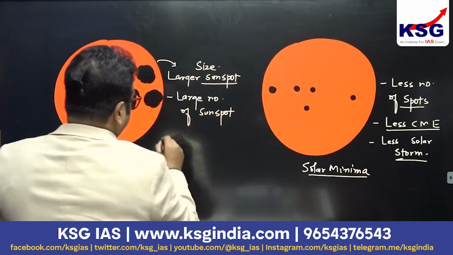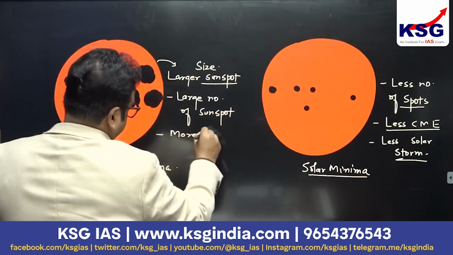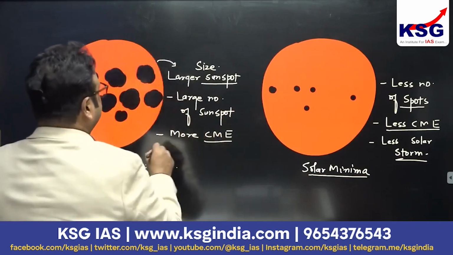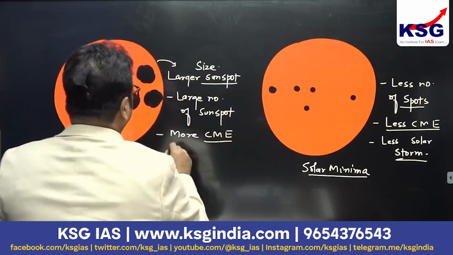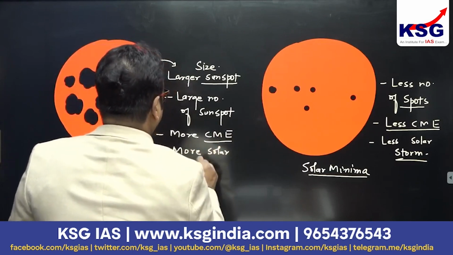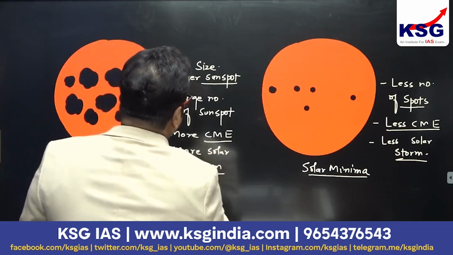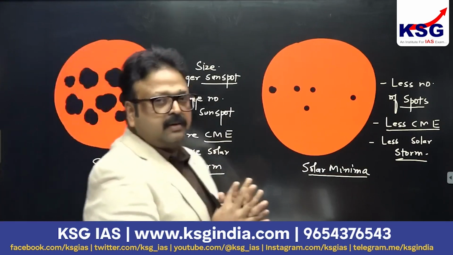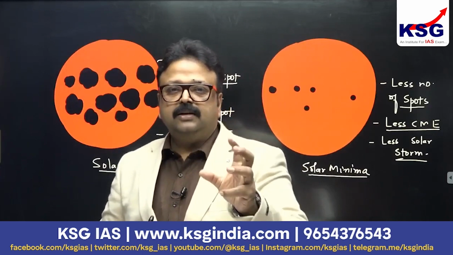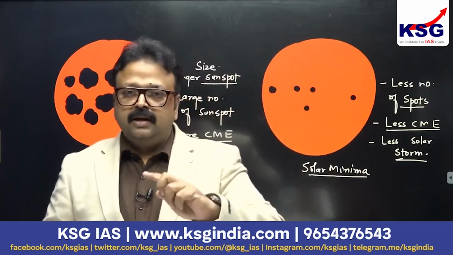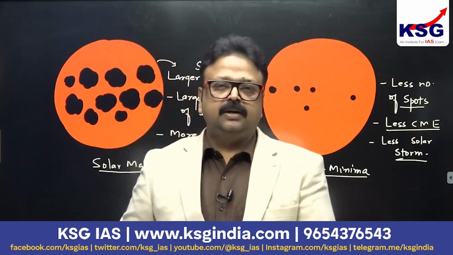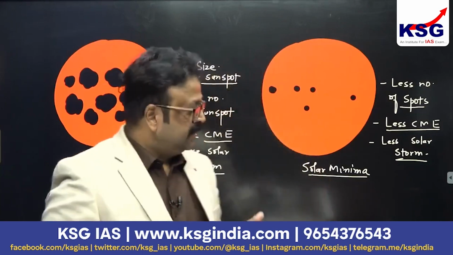Because there is more coronal mass ejection, and that's why Earth is likely to receive more solar storms. Samuel Henrik Schwabe observed this pattern on the sun, and he said that this pattern is completed in 11 years, and he took that 11-year time period as a complete solar cycle or sunspot cycle.